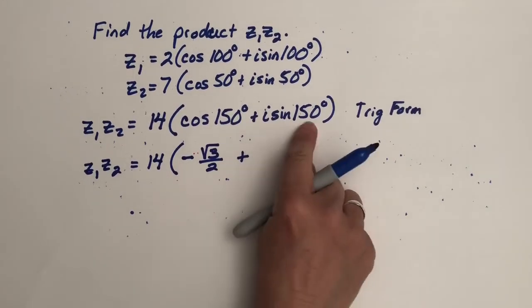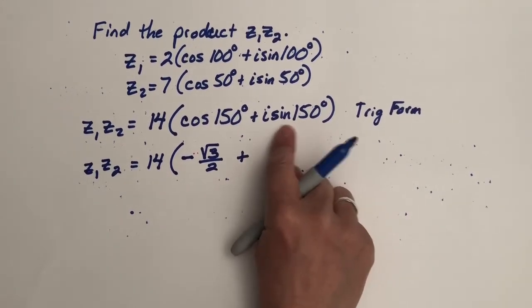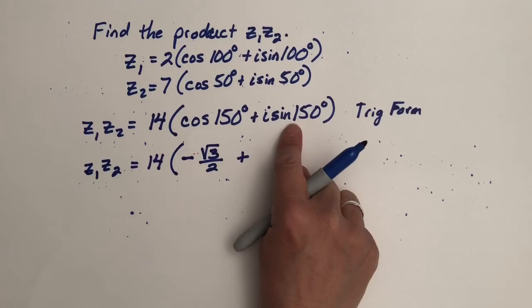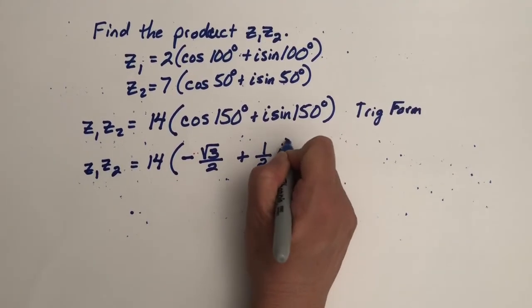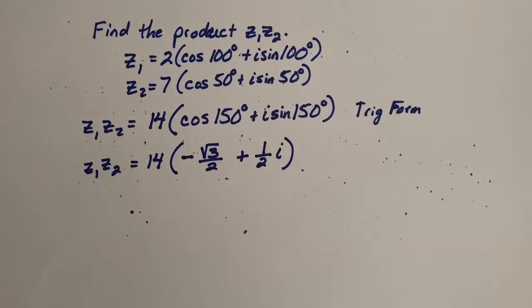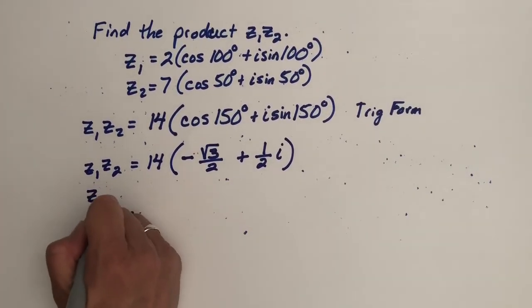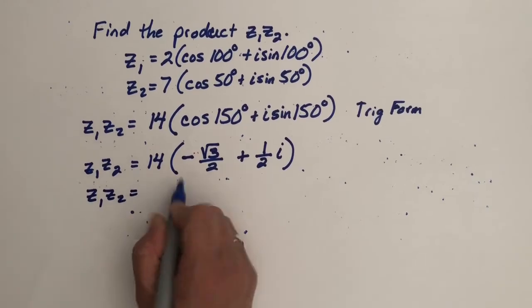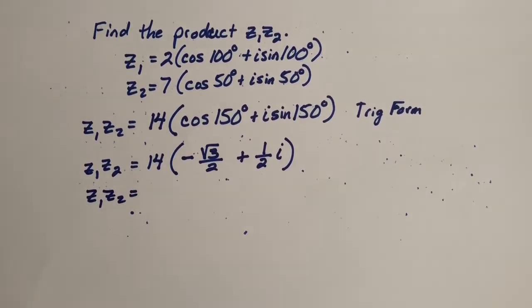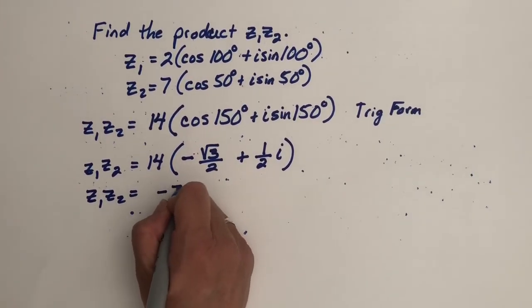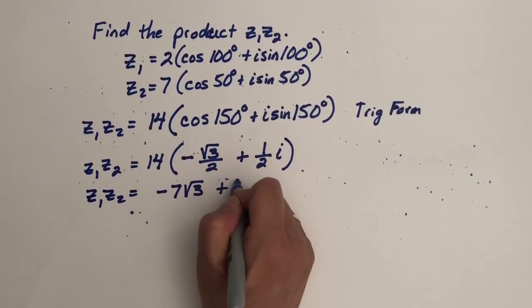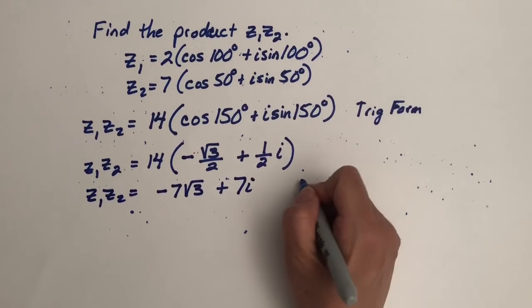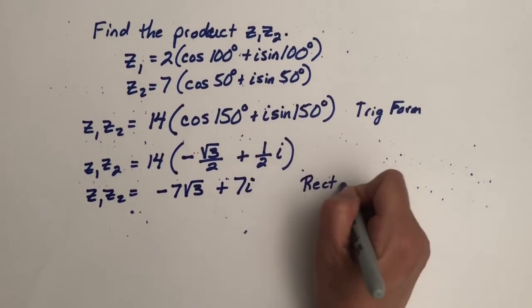Plus sine of 150 degrees. Again, reference angle is 30 degrees, but sine is positive in the second quadrant, so we have 1/2, so it's 1/2 i. So the product in rectangular form would look like this. We'll distribute the 14, and we have negative 7 square root of 3, plus 7i. And there's their product in rectangular form.